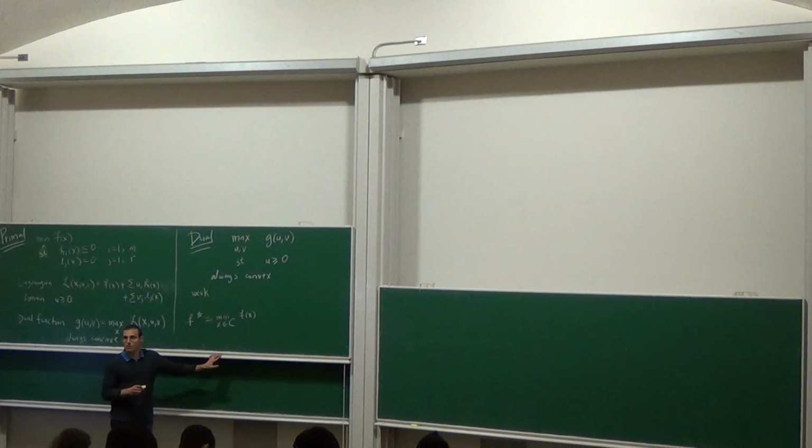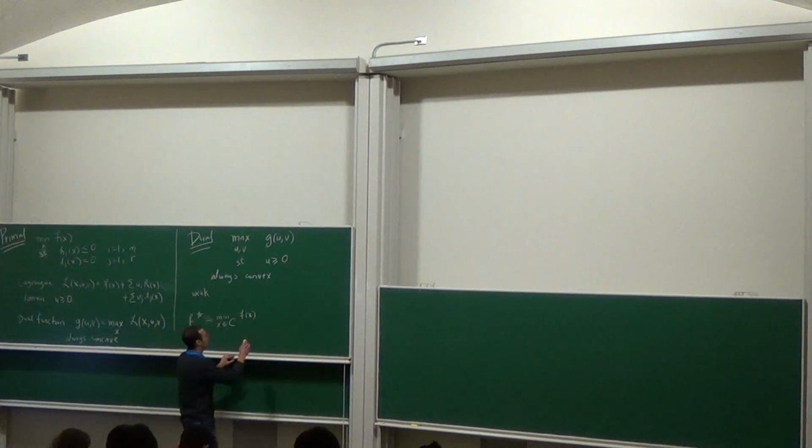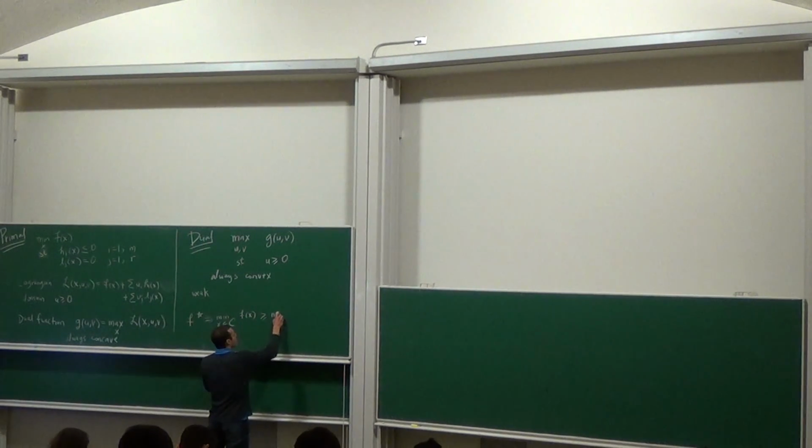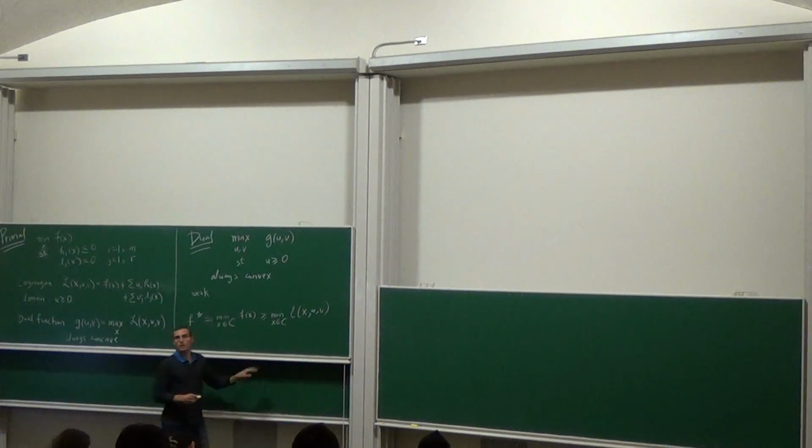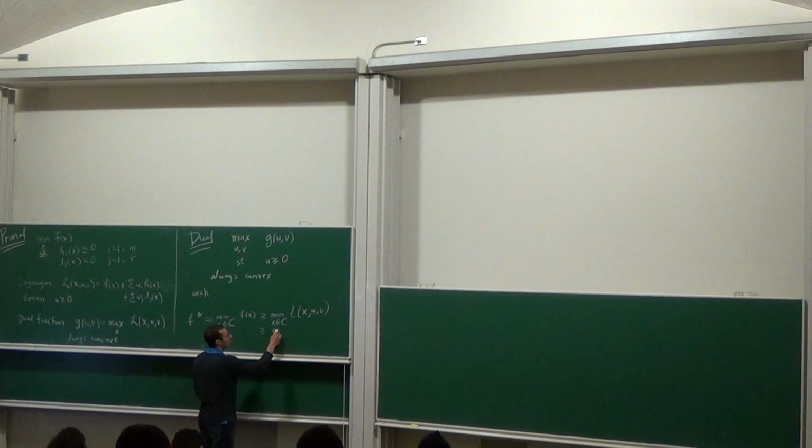But if I take any u that's non-negative in every component, then that's bigger than or equal to the minimum over all x in C of L of x, u, v. That's true by construction. And I said, well, this is certainly bigger than or equal to if I took the minimum unconstrained.